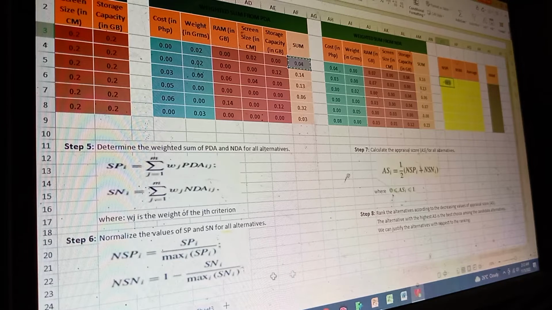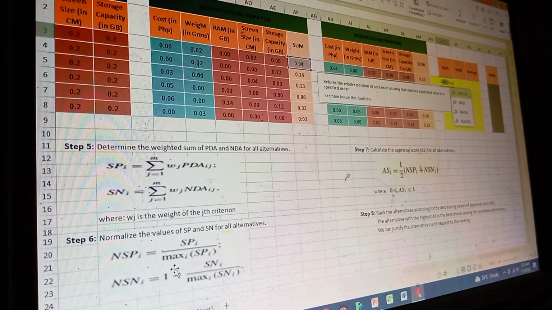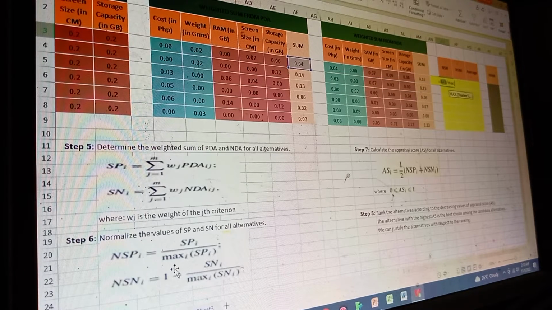Here, SP is PI over max of all, so this one. Then we have a close parenthesis, then down.